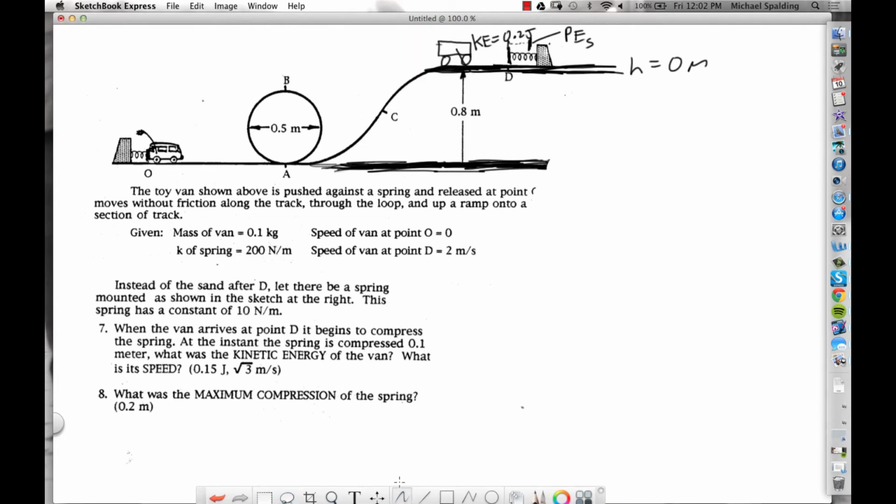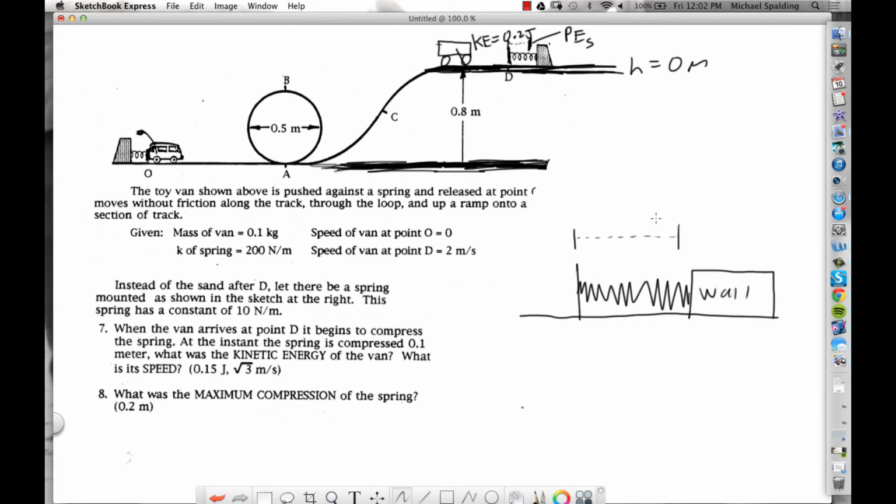When the van arrives at point D, it begins to compress the spring. At the instant the spring is compressed 0.1 meters. So look, is the spring fully compressed at 0.1 meters? Here's the spring. How far did the spring get compressed? It got compressed 0.2.